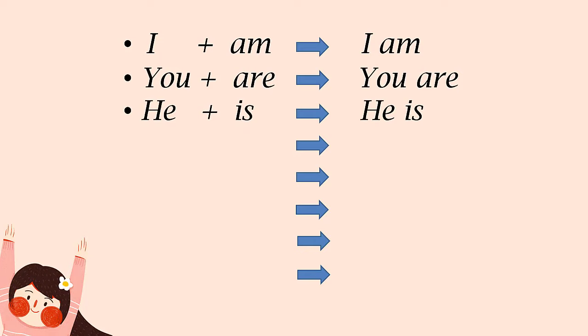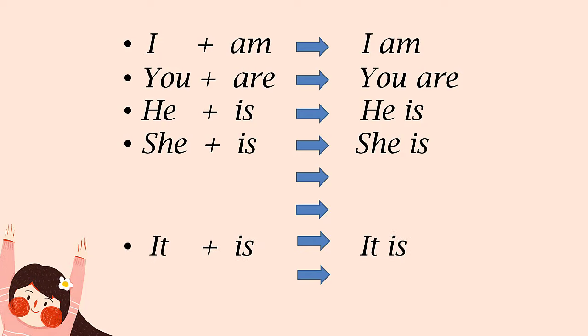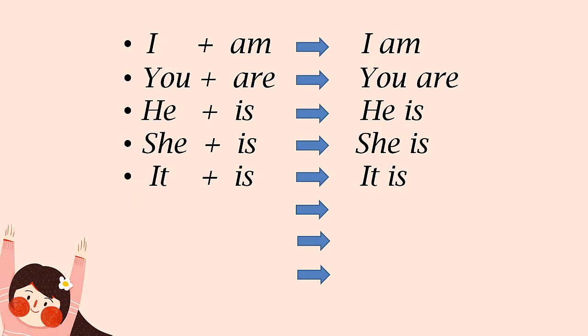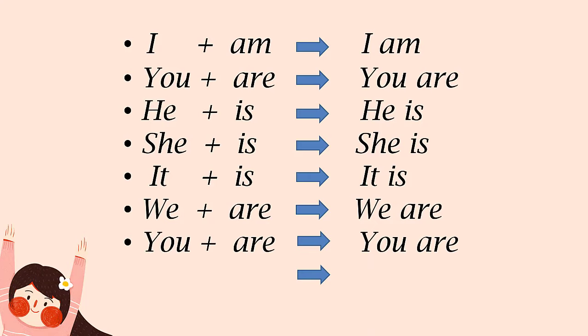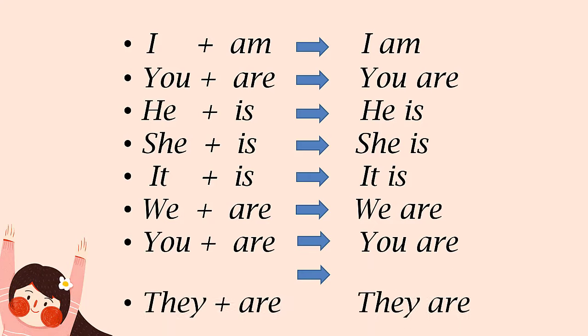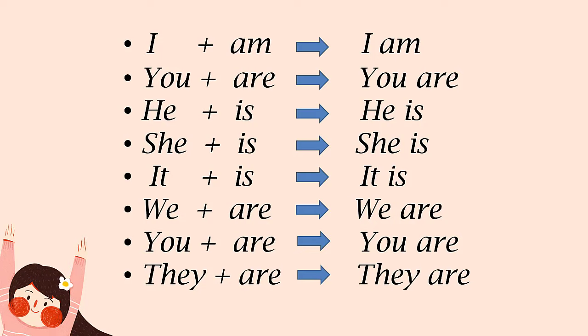He plus is makes he is. She plus is makes she is. It plus is makes it is. We plus are makes we are. You plus are makes you are. They plus are makes they are.